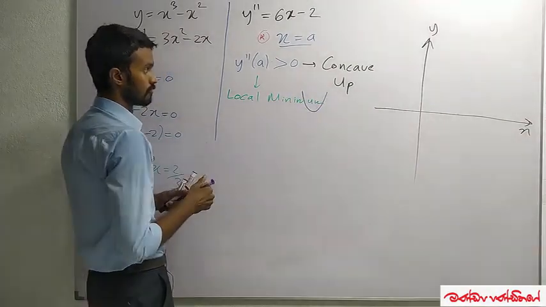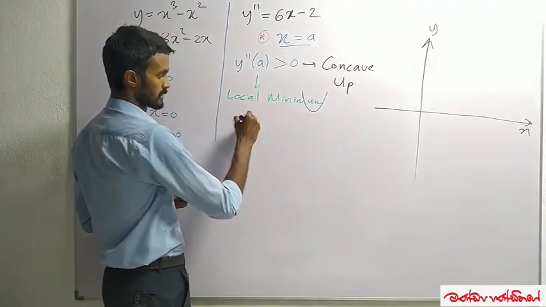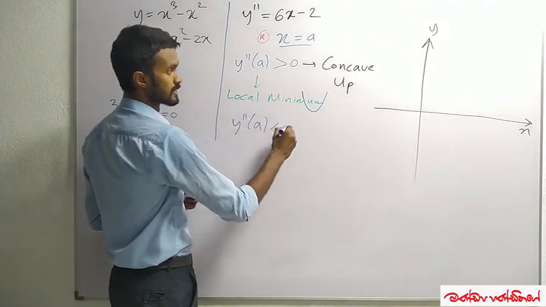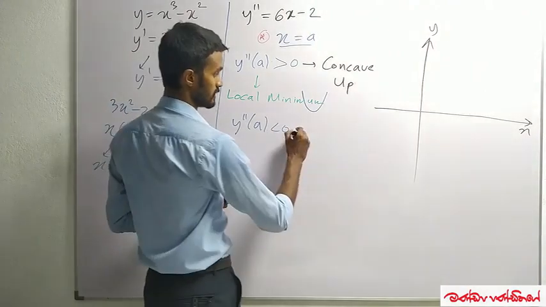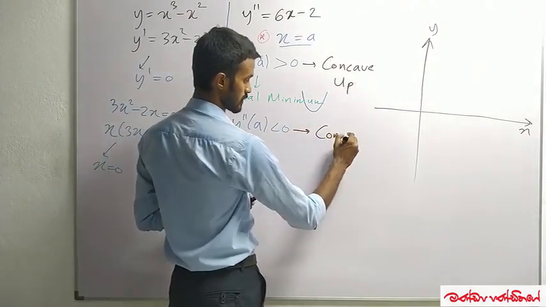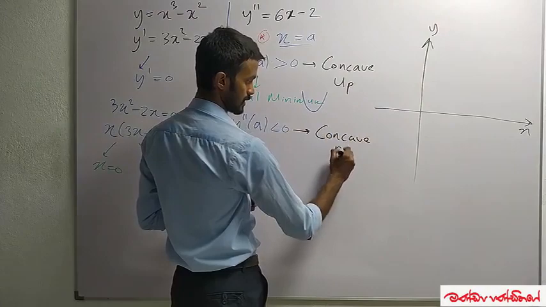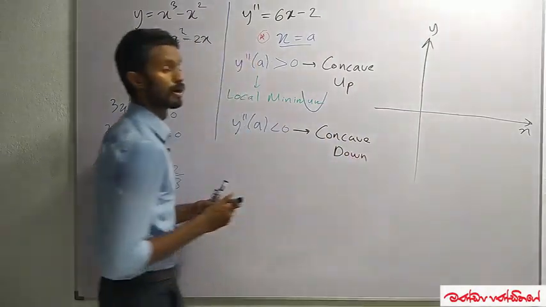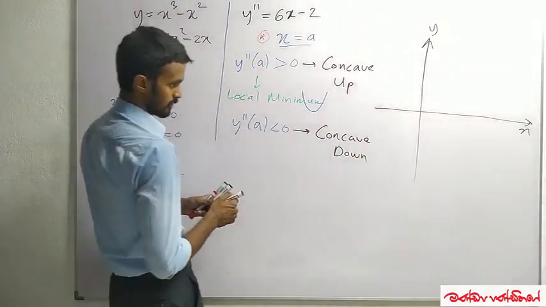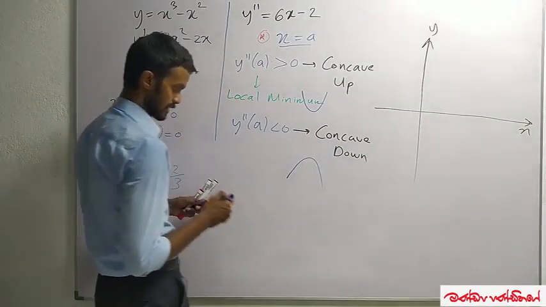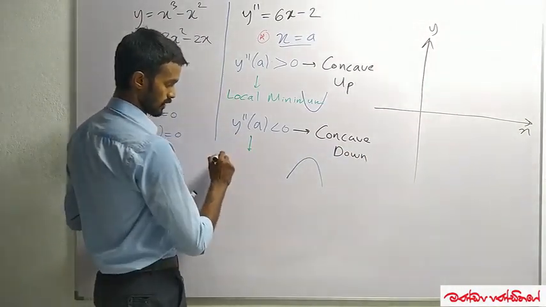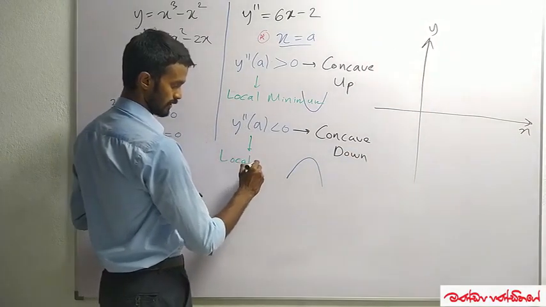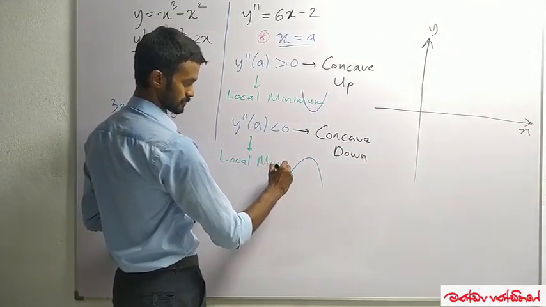And if y double dash at a is less than 0, the theory states that the shape is concave down, which means the shape goes like this, and it is a local maximum.